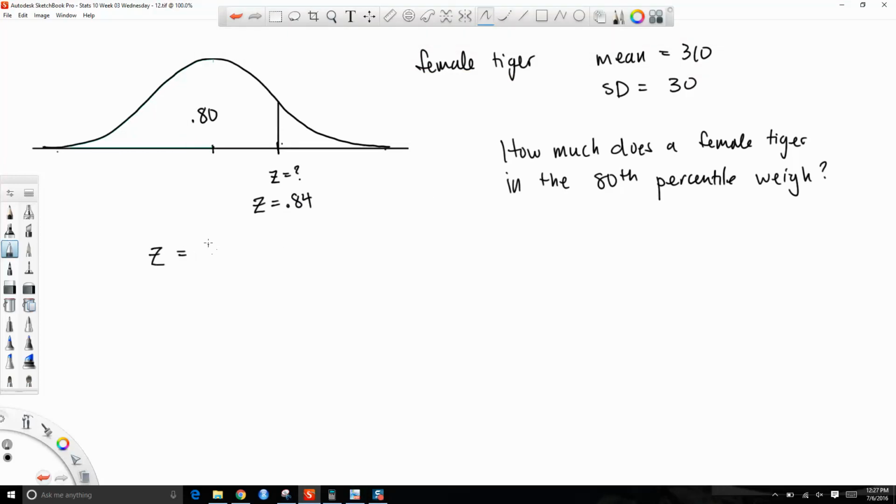So I'm going to say z is equal to x minus mu over sigma. I have 0.84 is equal to x, the weight of the tiger, minus the mean of 310, divided by 30. Solving for x, I have 30 times 0.84 equals x minus 310, so x is 310 plus 30 times 0.84.